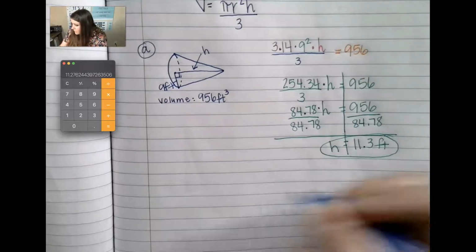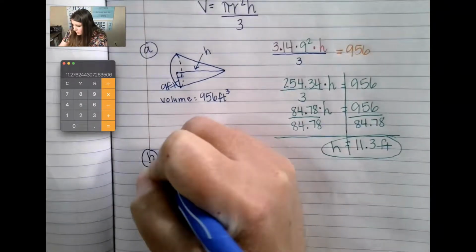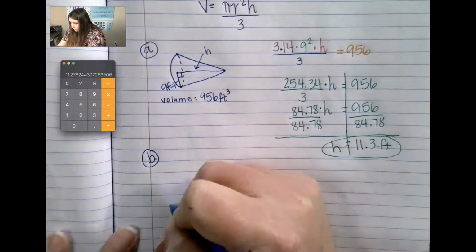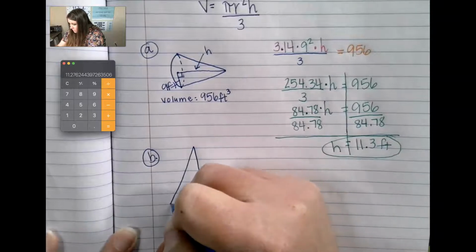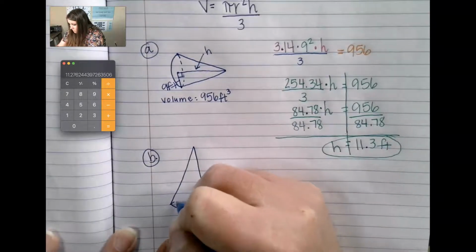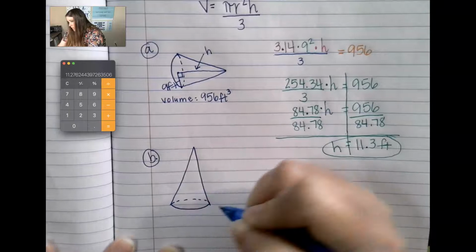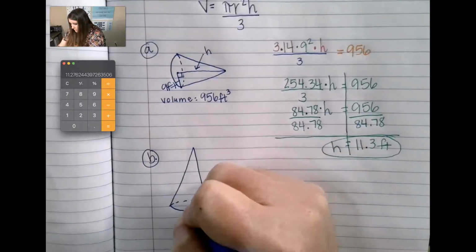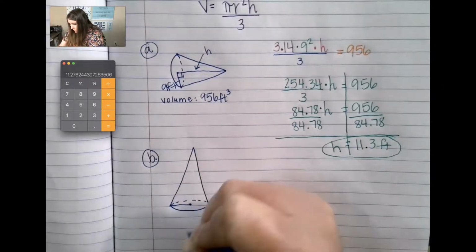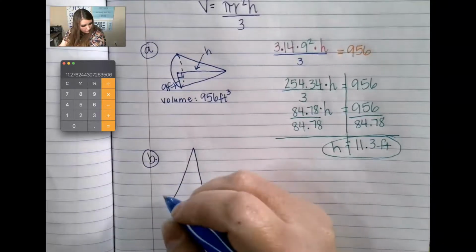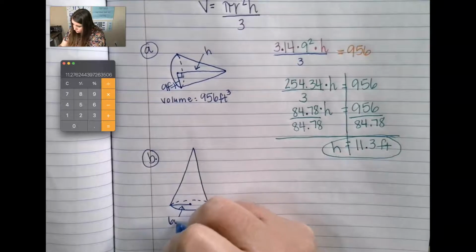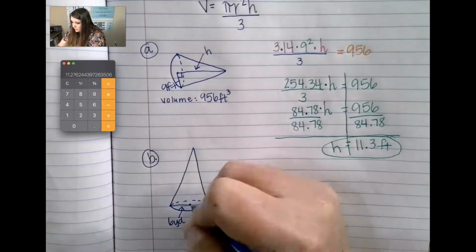All right, this next cone that we are looking at, again, we don't know the height. Our radius in this one happens to be 6 yards.